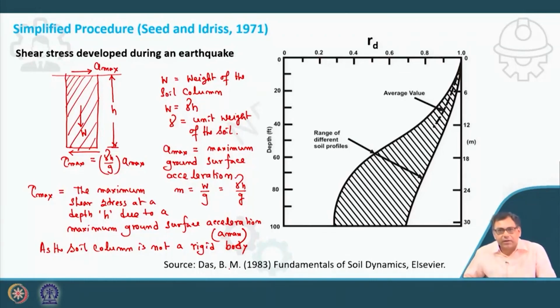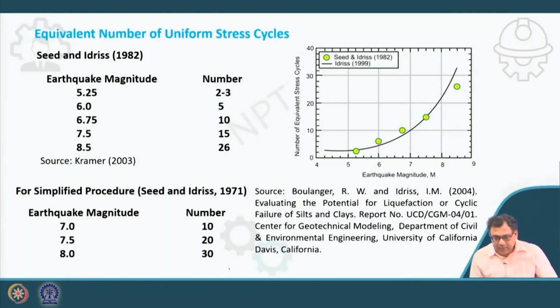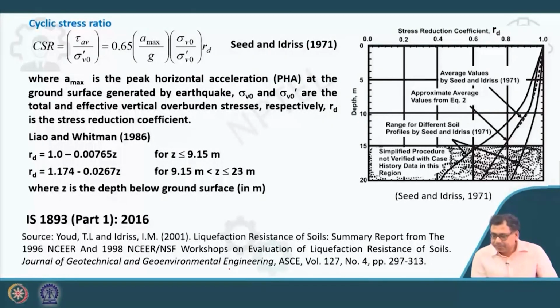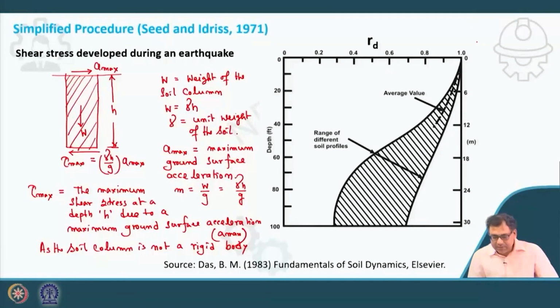We have to apply a correction factor, called rd, the stress reduction coefficient. So we write tau max equal to gamma H divided by g into Amax into rd. What is rd? rd is the stress reduction coefficient.